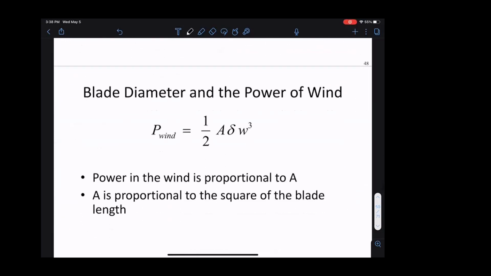And then if you look at designing a turbine, fundamentally you're limited, one by the coefficient of performance, the other by how much power is in the wind itself. It depends on the cube of the wind speed, and also depends on the area.